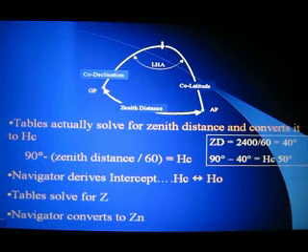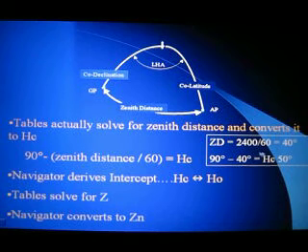I've got a little example right here. If the zenith distance from the AP to the geographic position of the heavenly body is 2,400 miles, we just divide it by 60, and that's 40 degrees. 40 degrees on the arc of a great circle, we know, is 60 nautical miles in each degree.